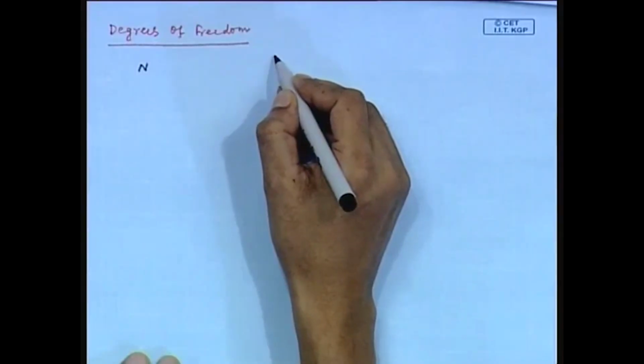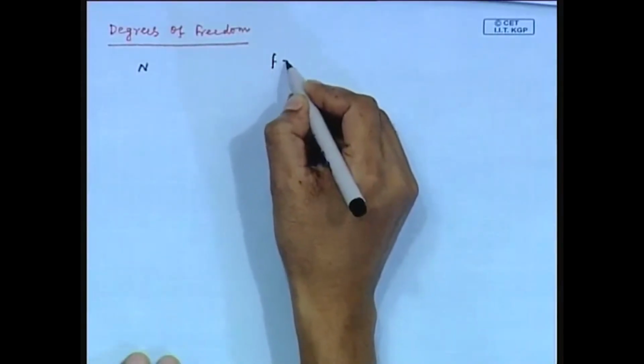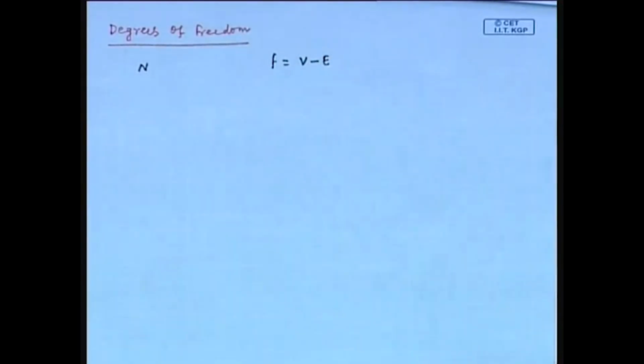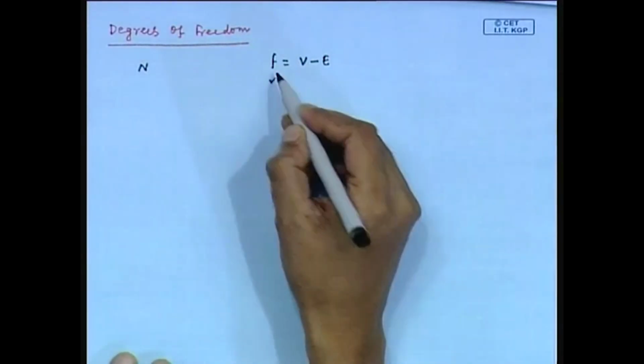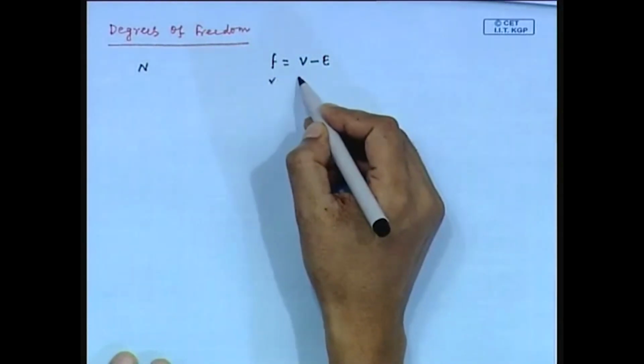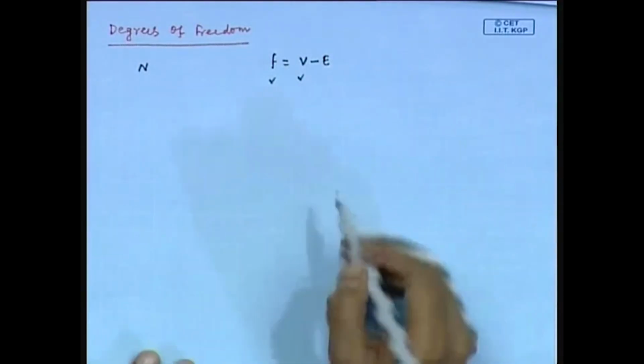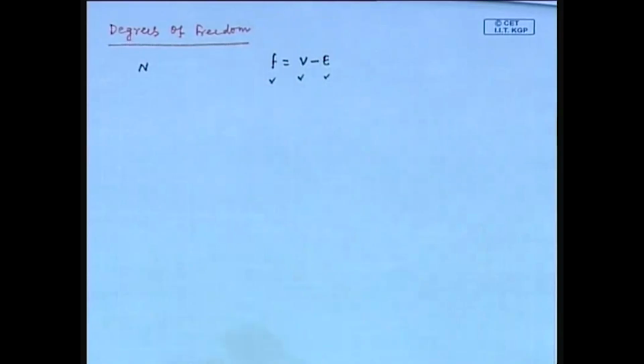So, you can recall the degrees of freedom represented by F, which is correlated with V and E by this form. F is the degrees of freedom, V is the number of independent process variables and E is the number of independent equations.